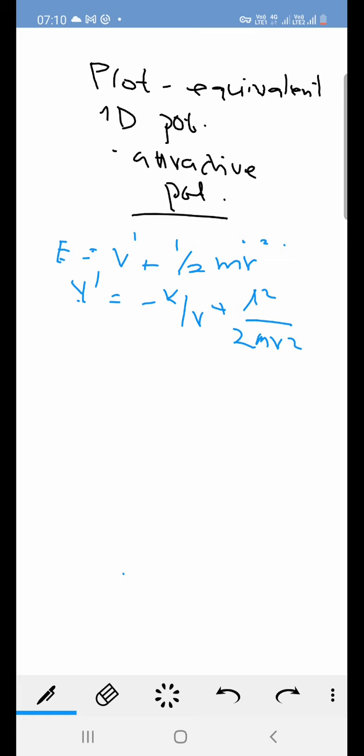So if we plot V dash versus r, along with minus K by r, we will obtain a plot like this.